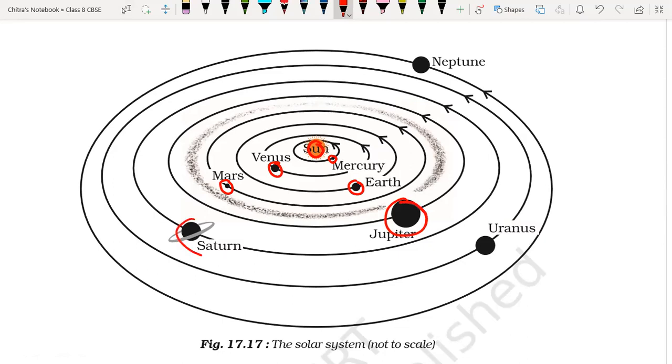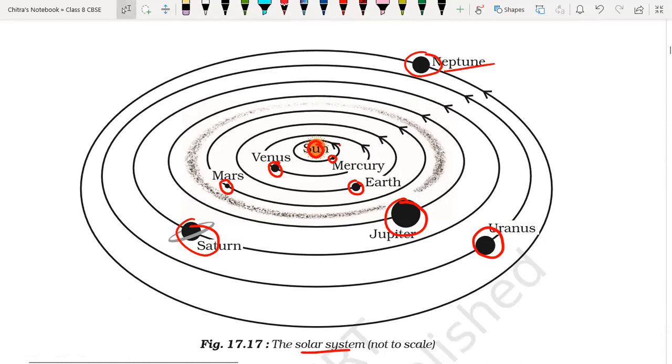Then sixth is for Saturn, seventh is for Uranus, and eighth is for Neptune. So these are the 8 planets. They revolve continuously around the sun. This is our solar system.